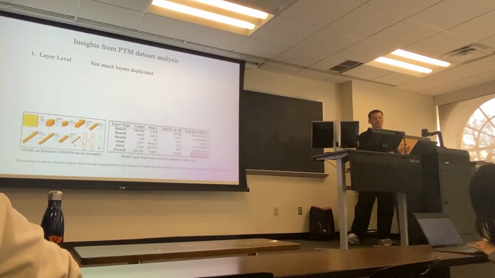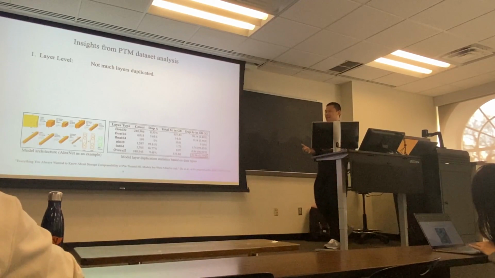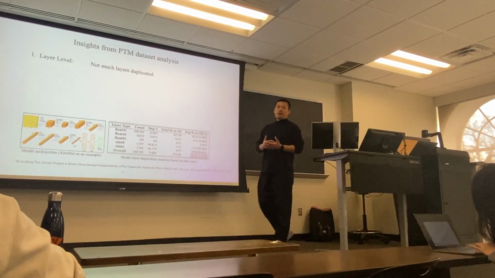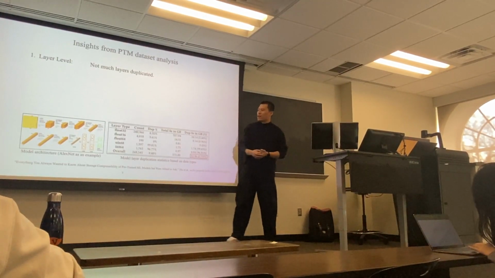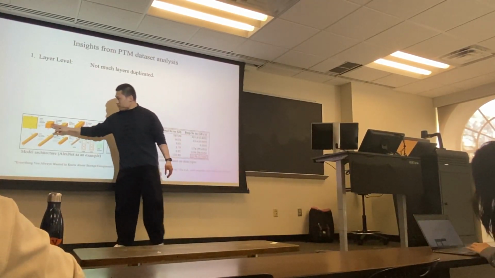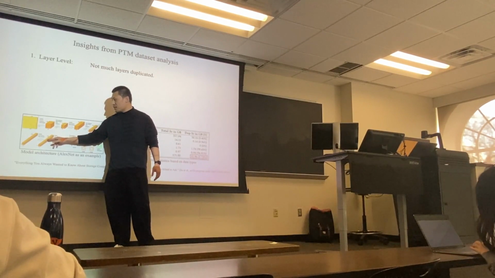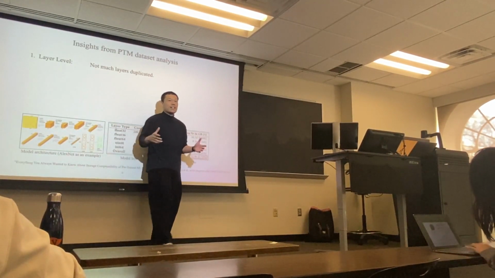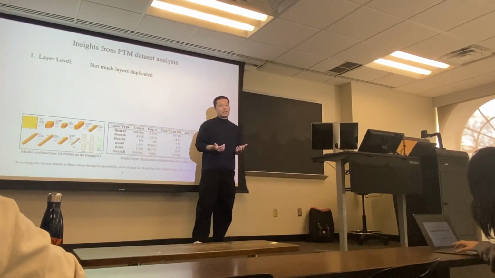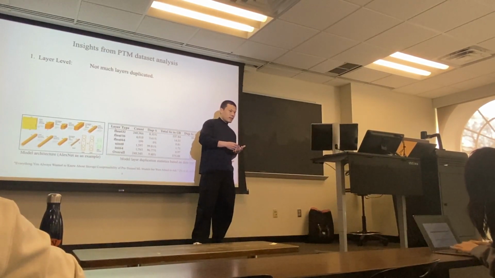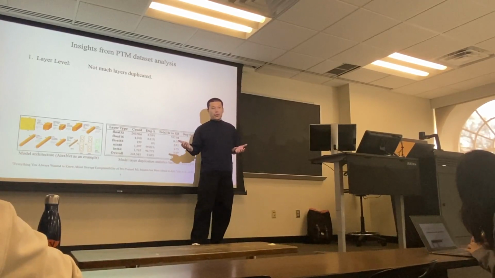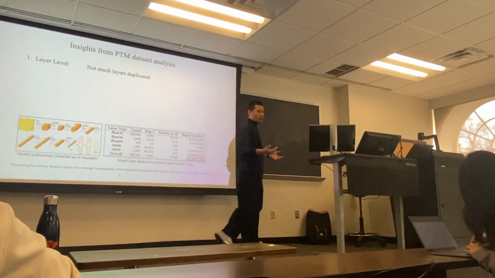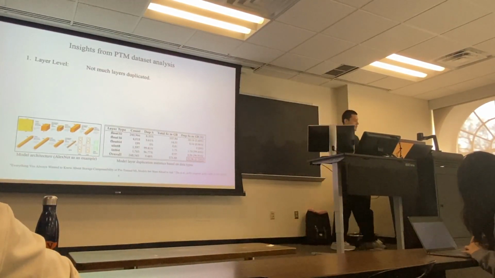Now we want to use some existing effective data reduction methods like deduplication. If several layers are exactly the same across different models, we can deduplicate such layers, which can reduce the model footprint, right?